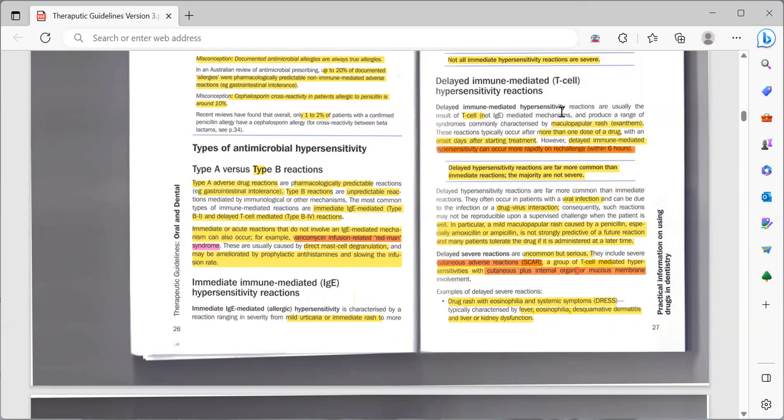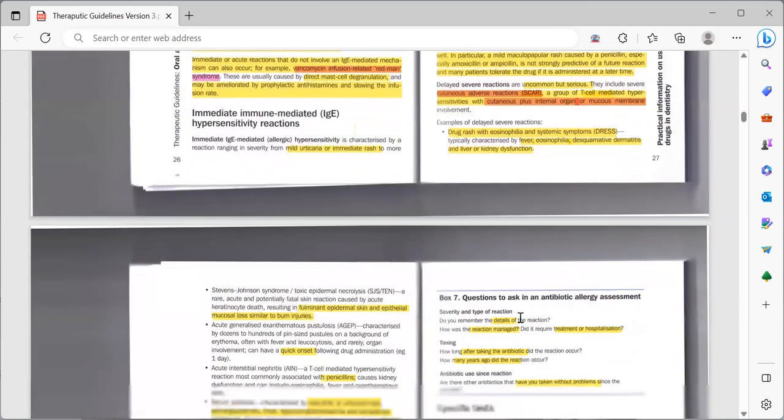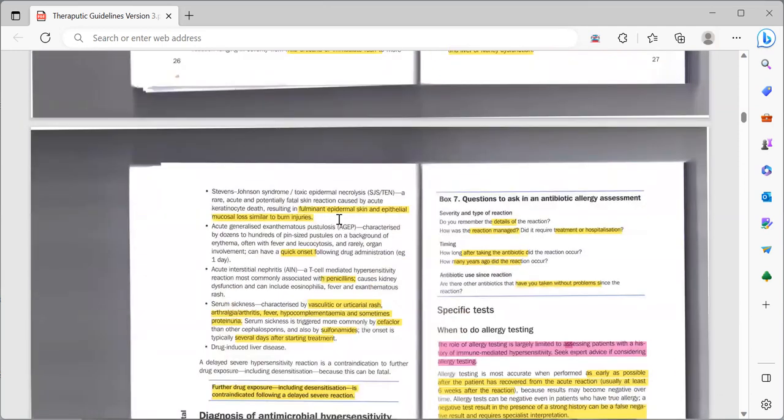They do have a rash, and these reactions typically occur after more than one dose of the drug. They have systemic features, for example fever and eosinophilia, a type of rash, for example desquamative dermatitis, or organ involvement like liver or kidney dysfunction. Same here, the fulminant epidermal skin and epithelial mucosal loss similar to a burn injury.